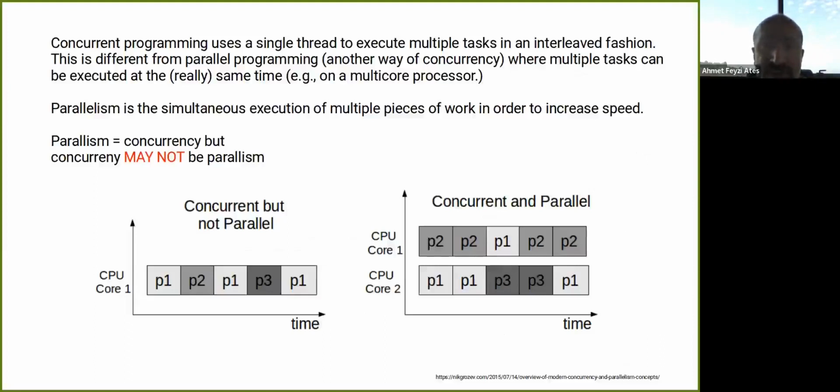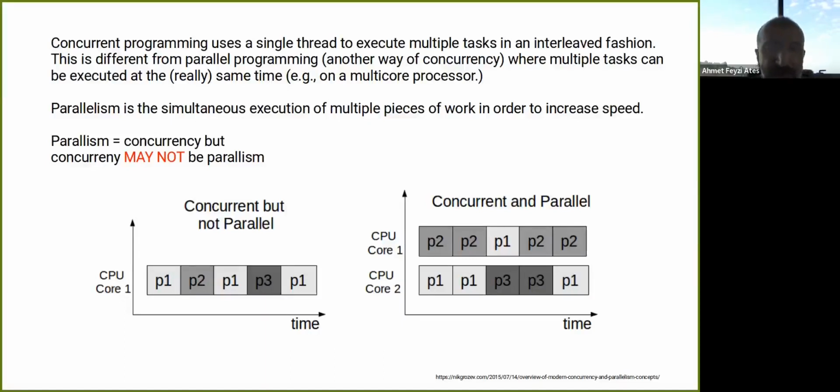Concurrent programming uses a single thread to execute multiple tasks in an interleaved fashion. This is different from parallel programming, where multiple tasks can be executed at the really same time, for example, on a multi-core processor. Parallelism is the simultaneous execution of multiple pieces of work in order to increase speed. Parallelism means concurrency, but every concurrency may not be parallelism. Parallelism is another way of concurrency.